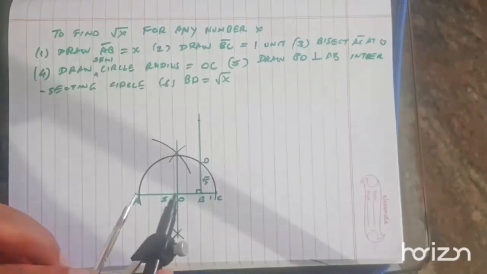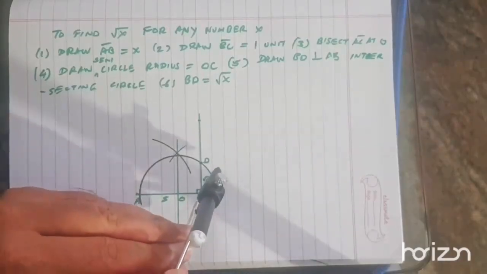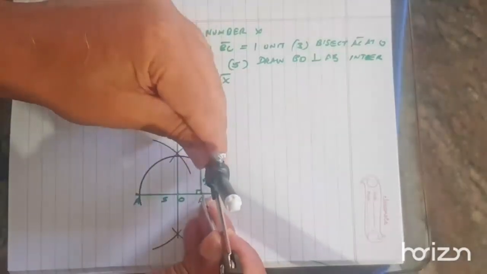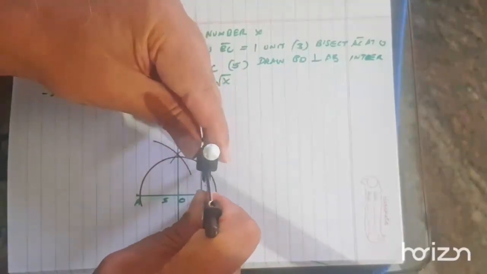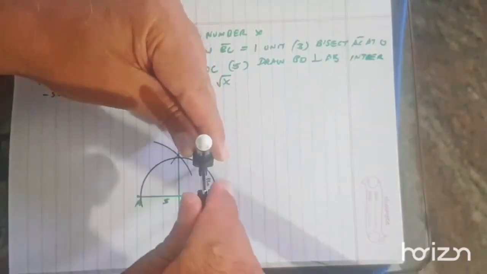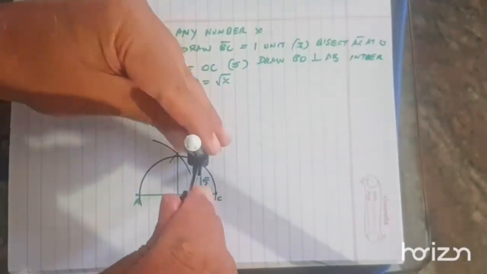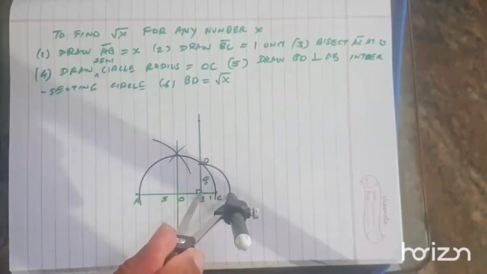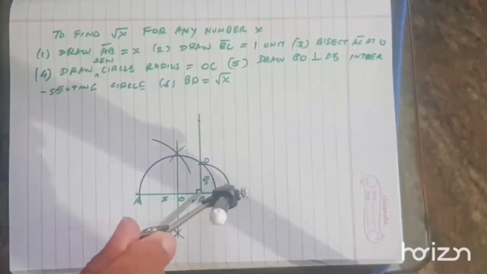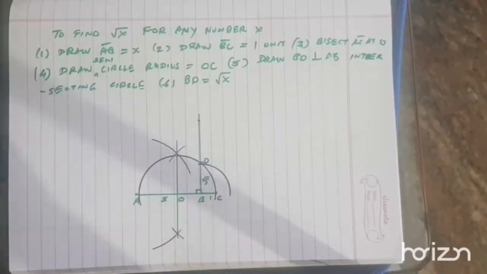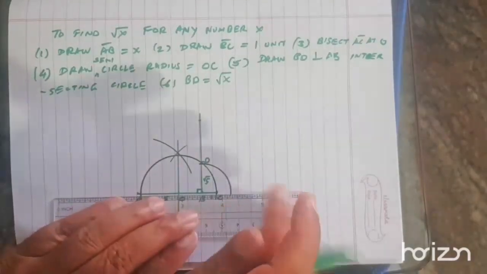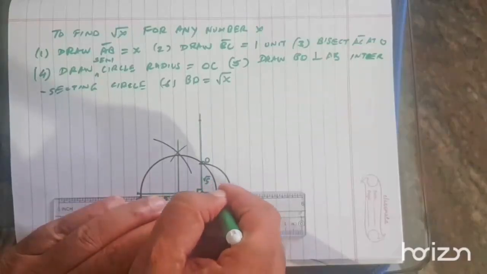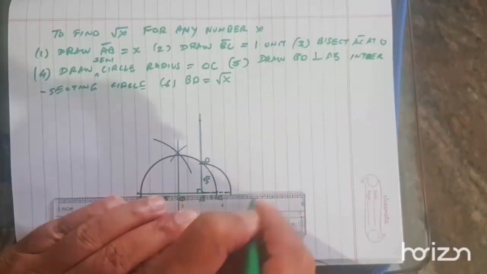So once we get this BD, which is the needed square root, we can transfer it to the number line by drawing an arc from D to the number line with B as the center. That will give us basically the square root of the number.